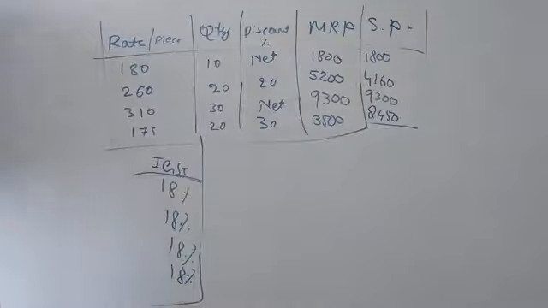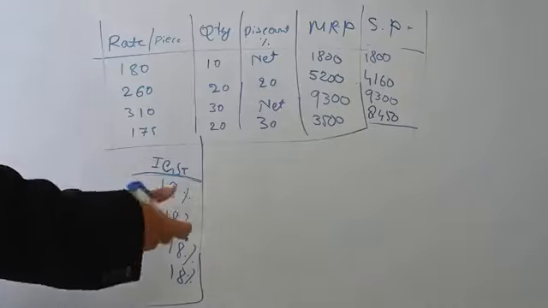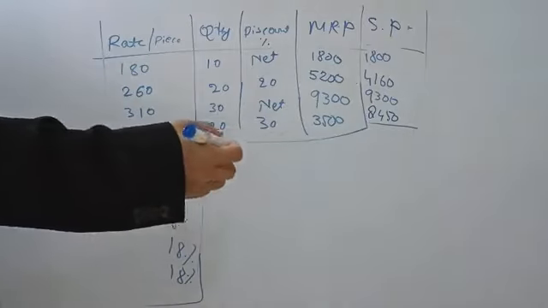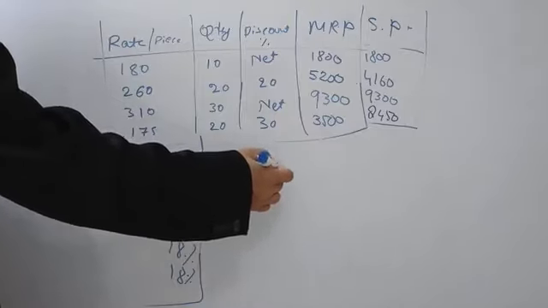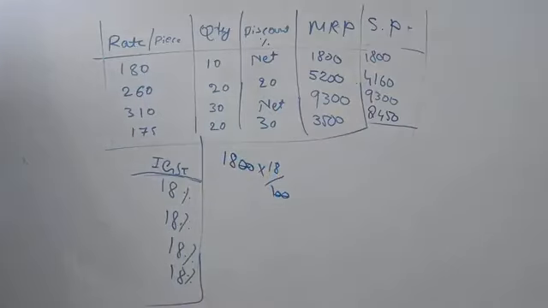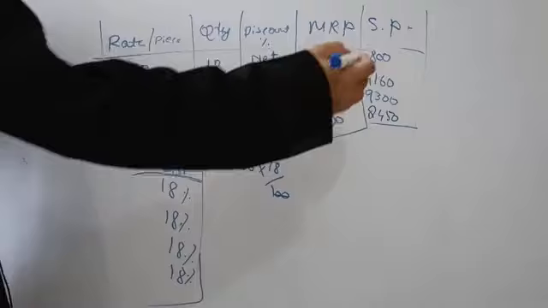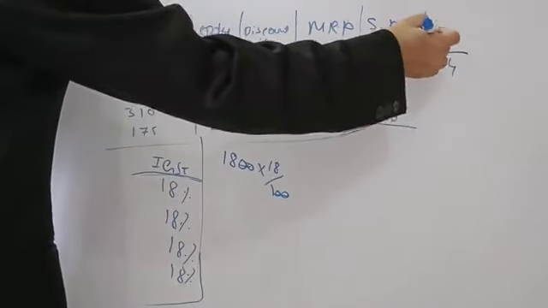Here we are calculating IGST, so it becomes 18%. On 1800, 18%: 1800 into 18%, the zeros cancel, 18 into 18 is 324. So this is the IGST tax.